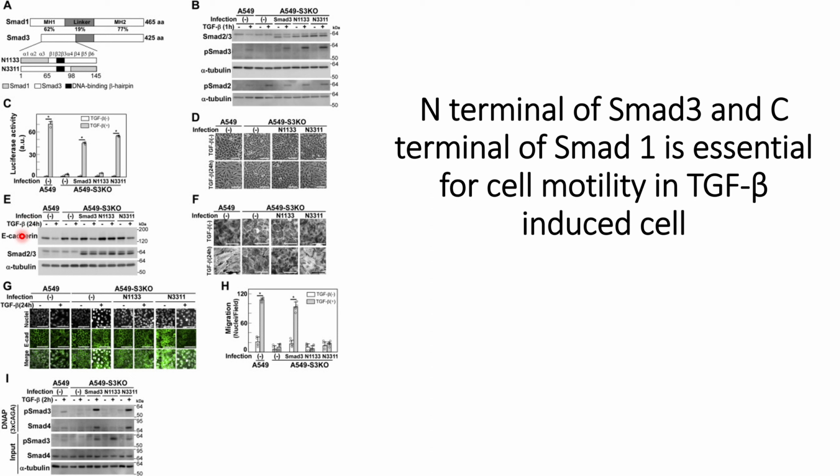And thereafter, they also checked the E-cadherin levels. E-cadherin levels also show the same thing: N3311, with the MH2 of Smad1 integrated with the Smad3, shows a decrease in E-cadherin, but the MH1 integration does not show a change in E-cadherin.